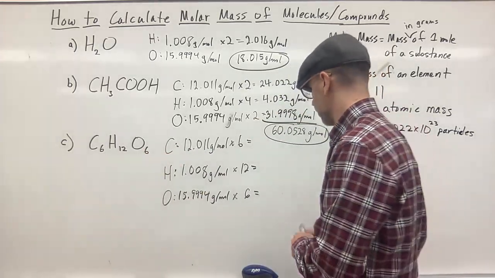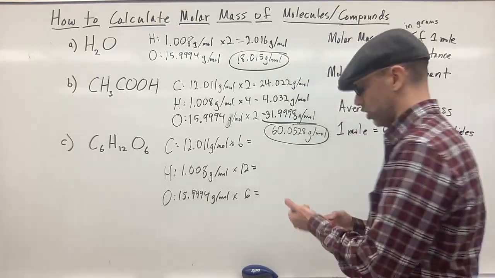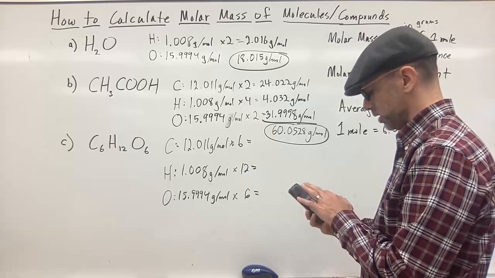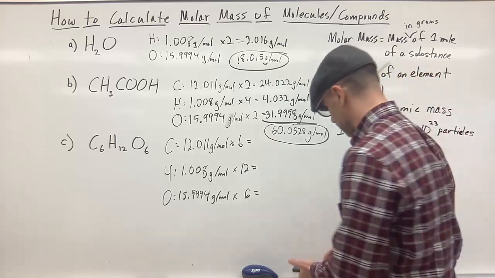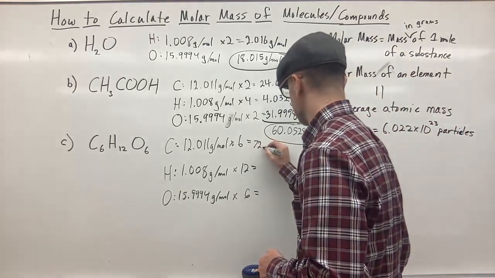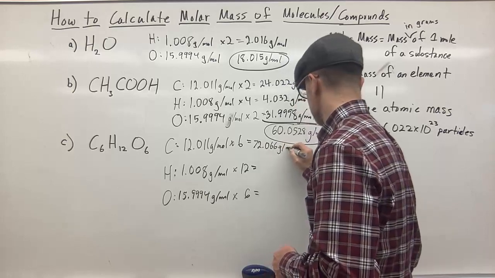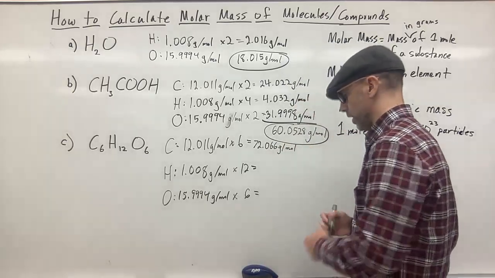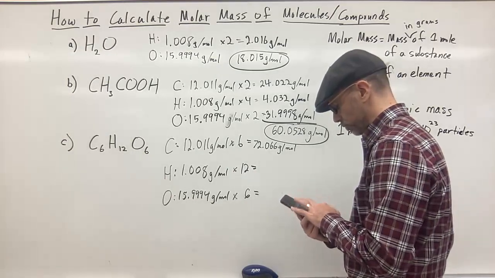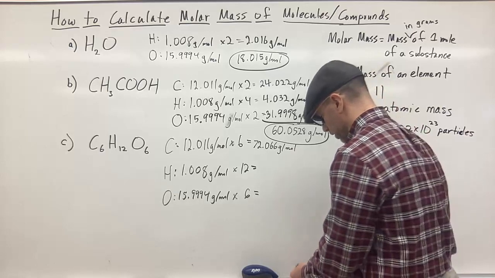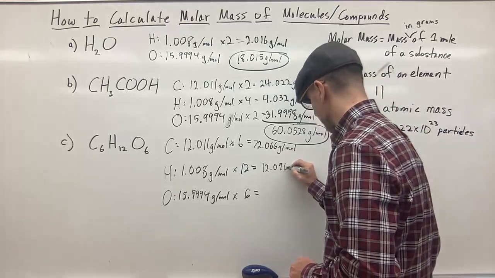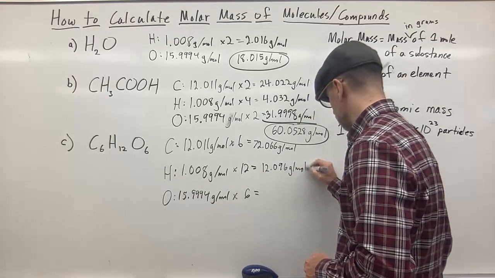And so now I do the calculation again. So 12.011 times 6 equals, and that gives me 72.066 grams per mole. And then for hydrogen, that's going to be 12 times 1.008 equals 12.096 grams per mole.